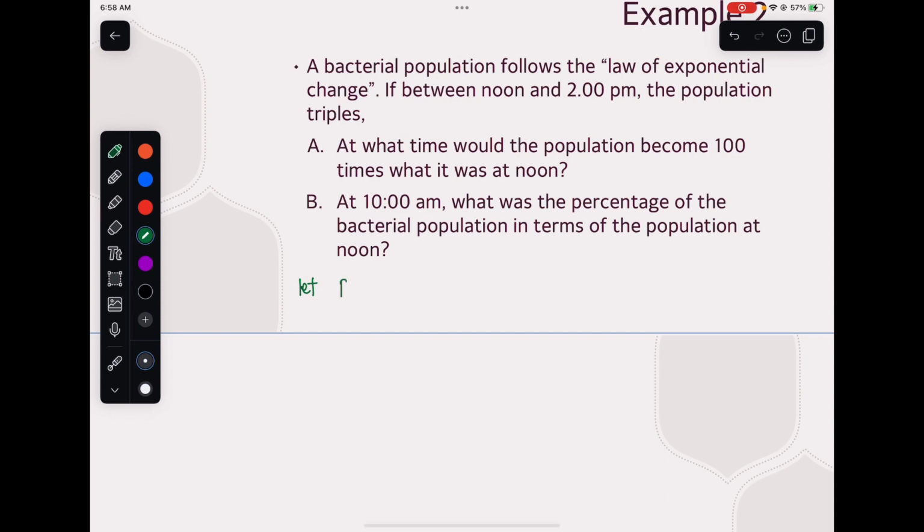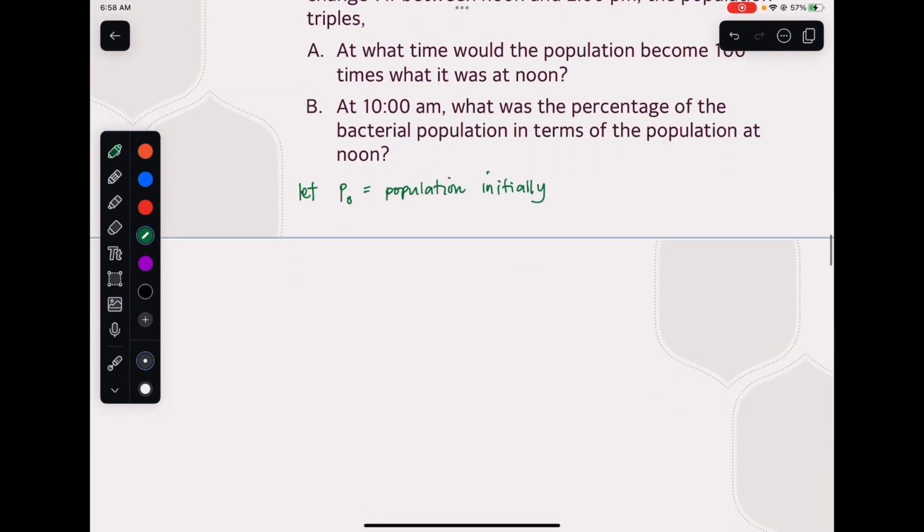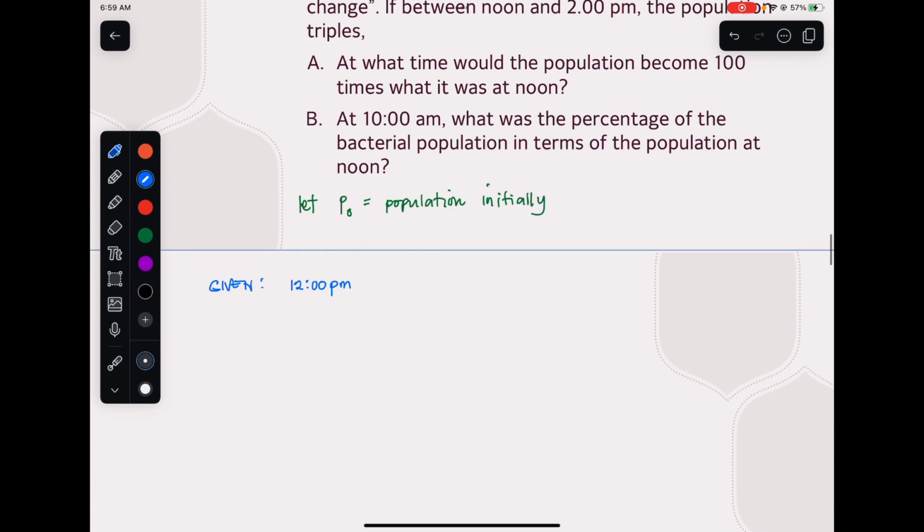I do not know what the population would be, so let's say P sub 0, which means at time 0, this would be the bacterial population initially. For our given, at 12 p.m., which is the initial time, we're going to designate that as time 0.